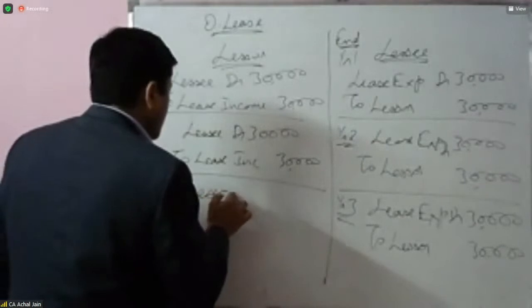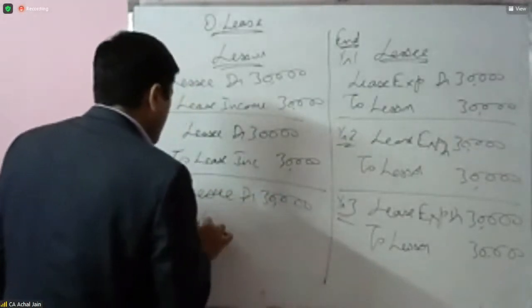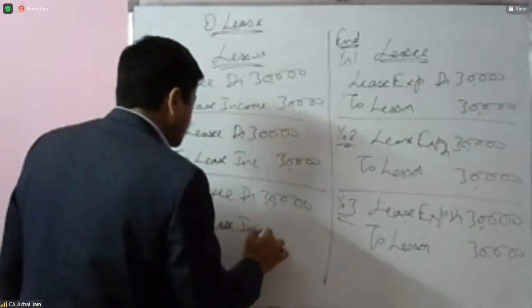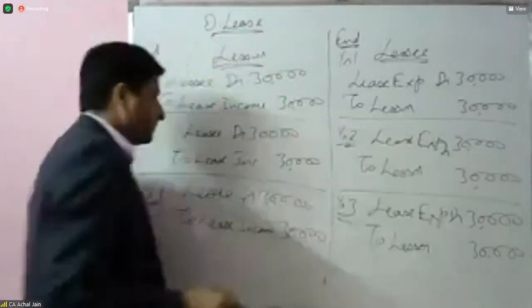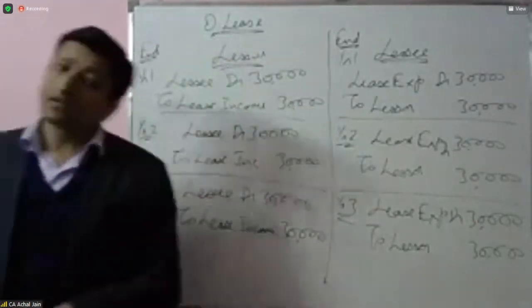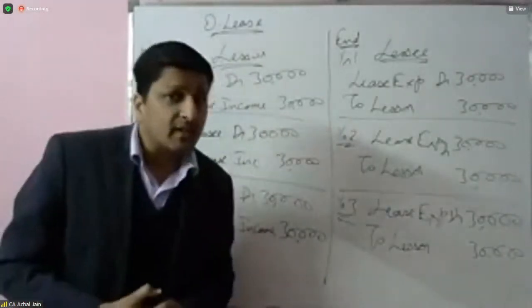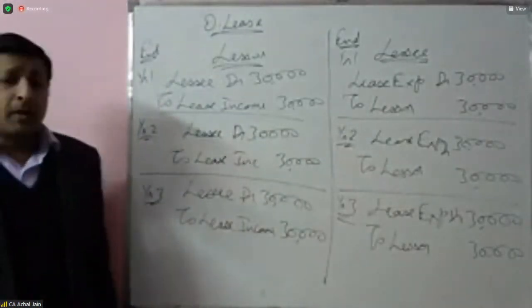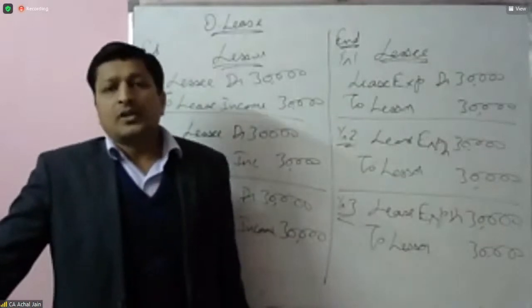And over here, this would have been lessee debit 30,000 to lease income, 30,000. Correct? So this is the accounting that we would have done if the lease amount was the same year on year.